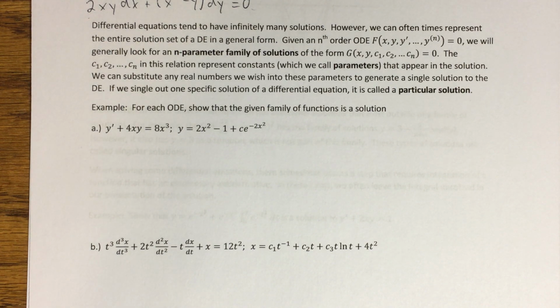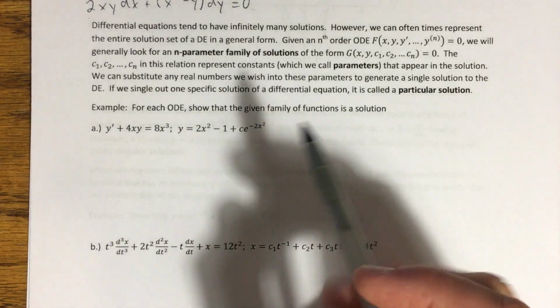It turns out that the overwhelming majority of differential equations, almost all of them that we look at in this class, are going to have infinitely many solutions. That's generally the case: if they have solutions, they will usually have infinitely many. But even though there are infinitely many, we can often describe all of them using some kind of representation. We're going to talk about that here.